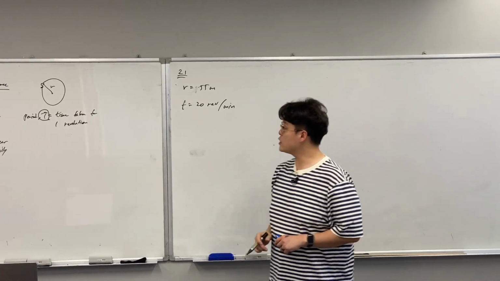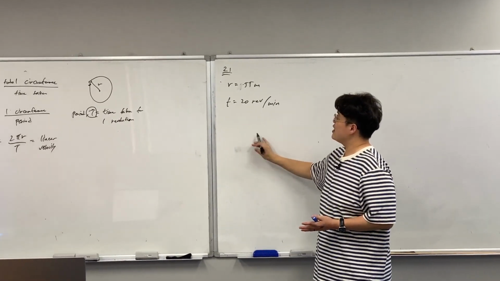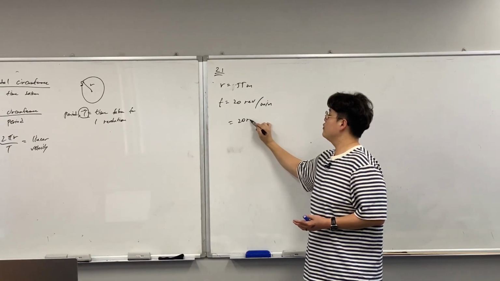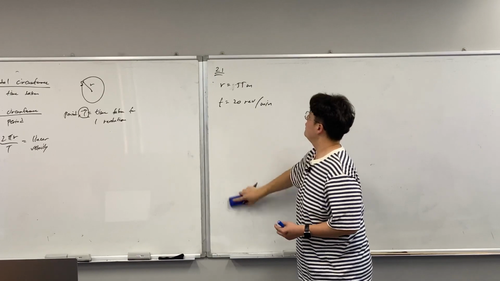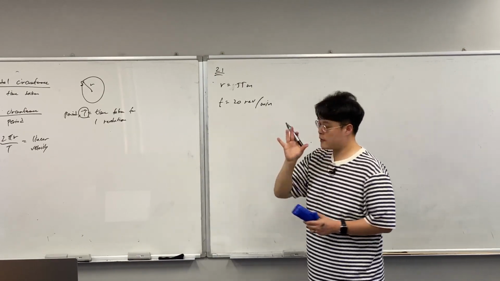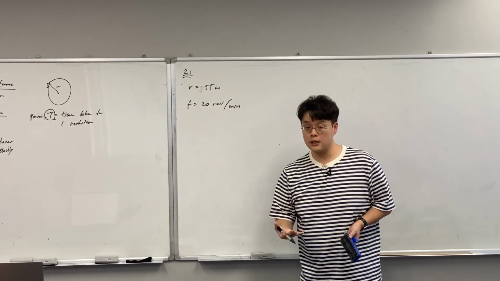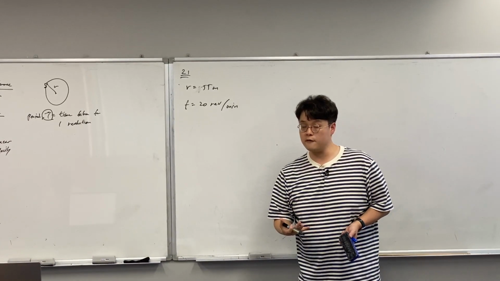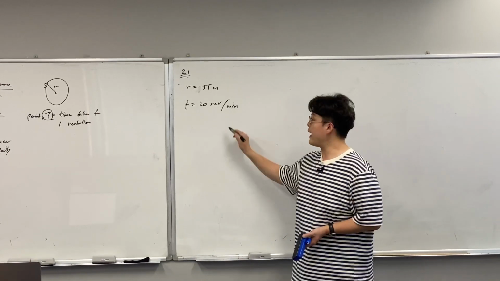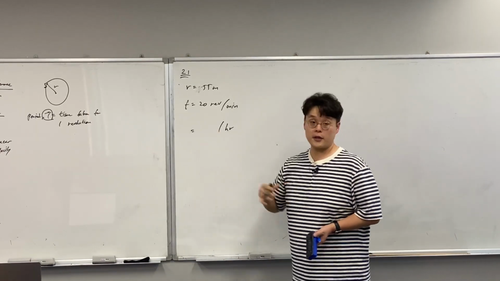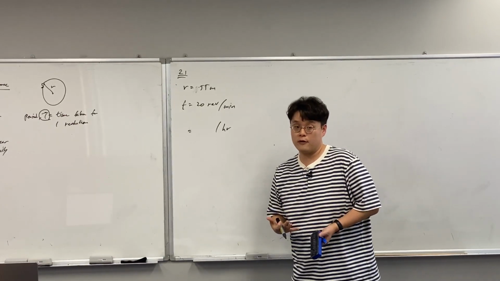Now, as we need to find it in hours, we can just change the time. This is saying that 20 revolutions is per minute. Just think about here. If it rotates 20 revolutions per minute, simple math question: if that rotates at 20 revolutions per minute for an hour, how many rotations would it have?